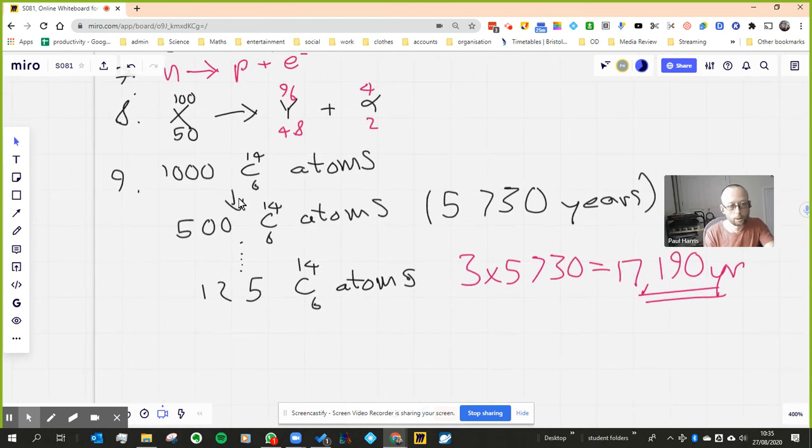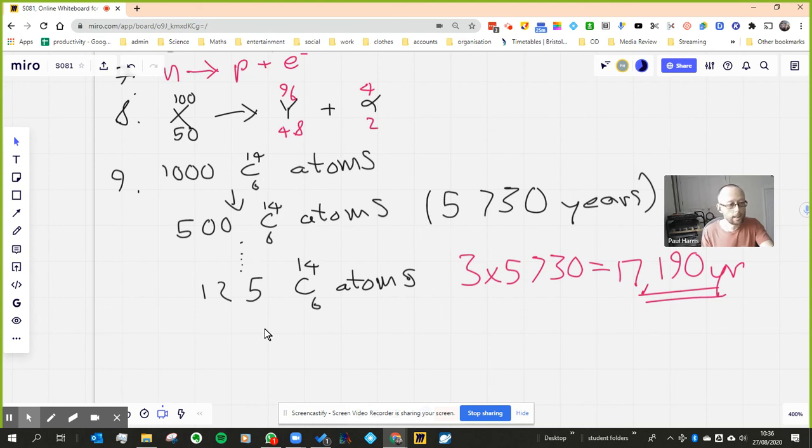Now we looked at half-life next, and we said imagine we had 1,000 carbon-14 atoms decayed into 500 carbon-14 atoms. It took 5,730 years. That's because 5,730 years is the half-life. So that's how long it takes to halve. The half-life is the amount of time it takes to halve. And if it was halving again, it would still be 5,730 years.